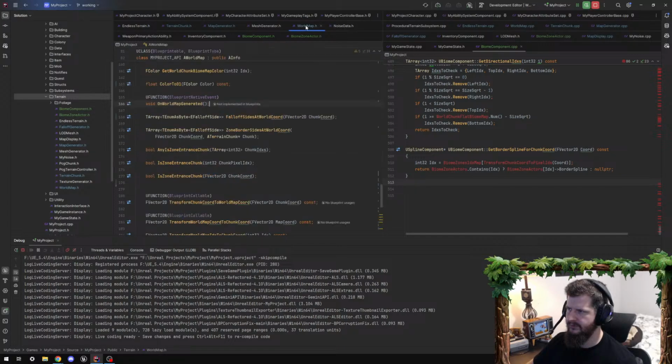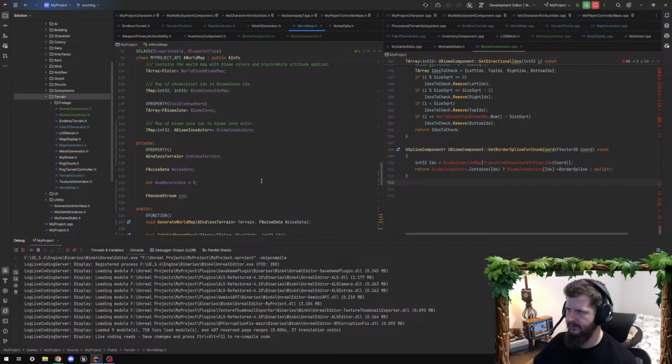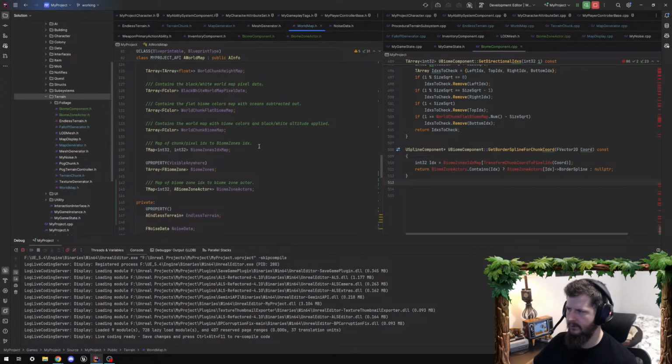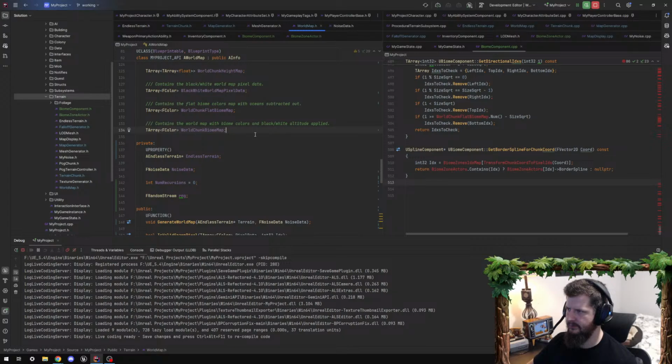So the biome zones index stuff, I would want to move over. Probably biome zone actors as well.